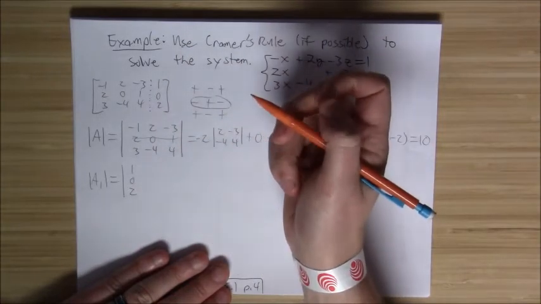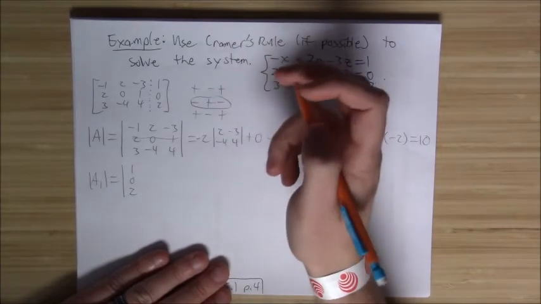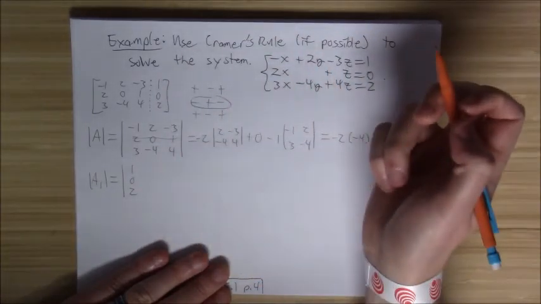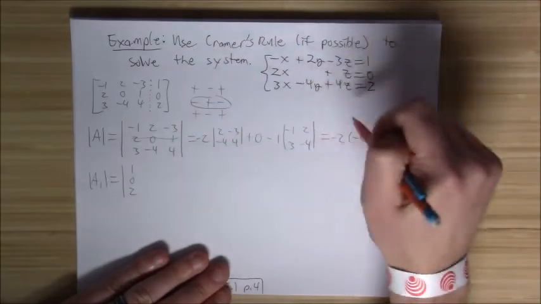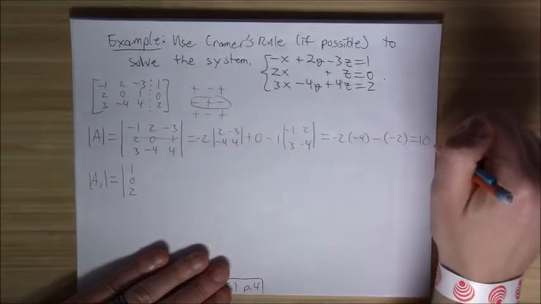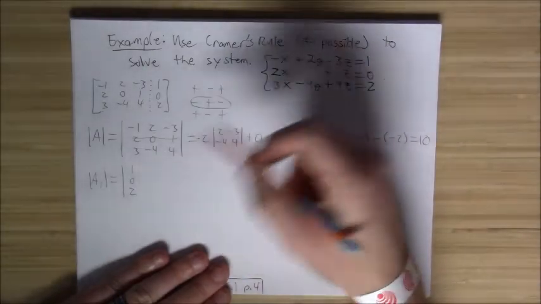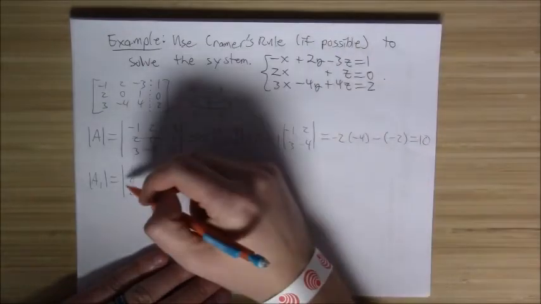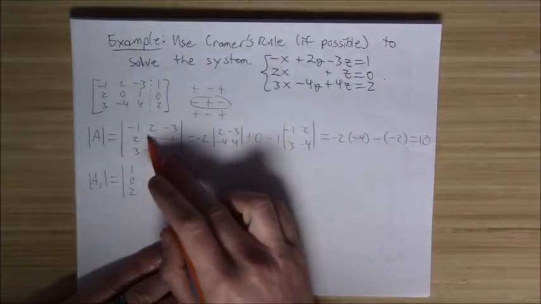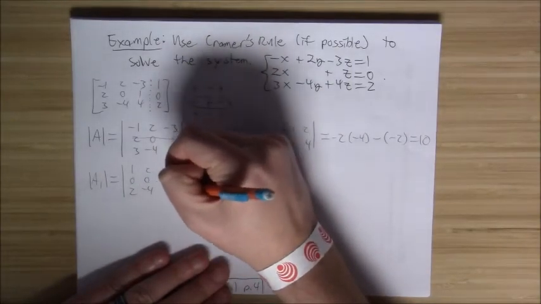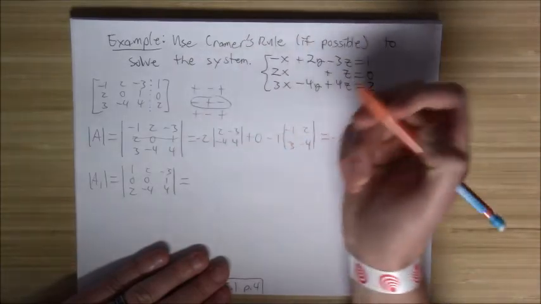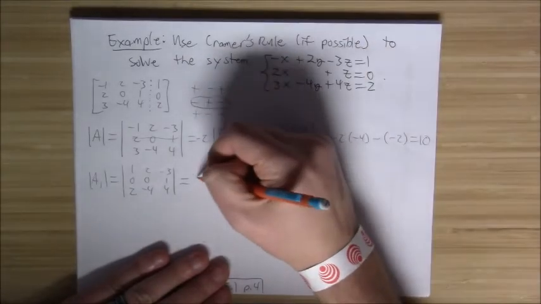So that would be 1, 0, 2, and then 2, 0, negative 4, negative 3, 1, 4. If you go through and you calculate that determinant, you'll end up with 8.